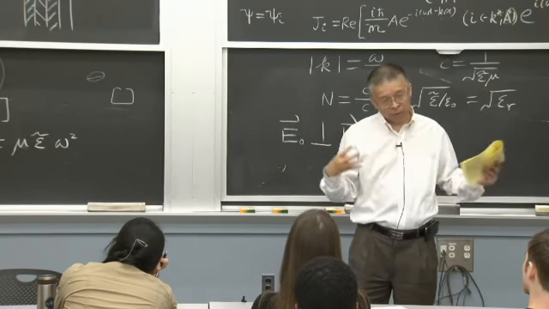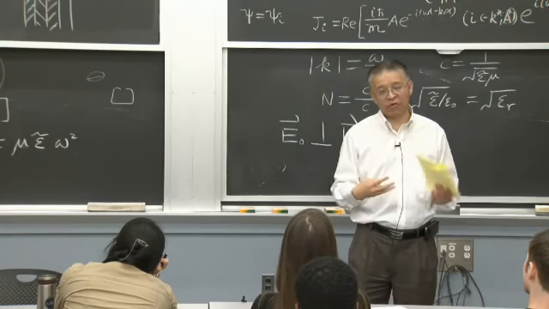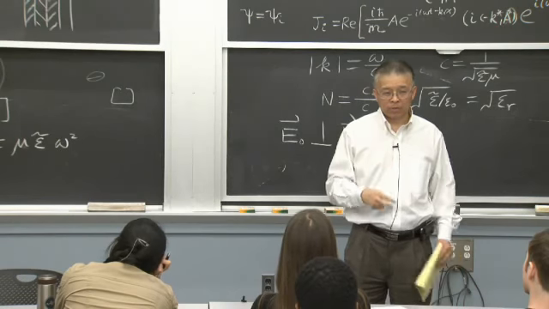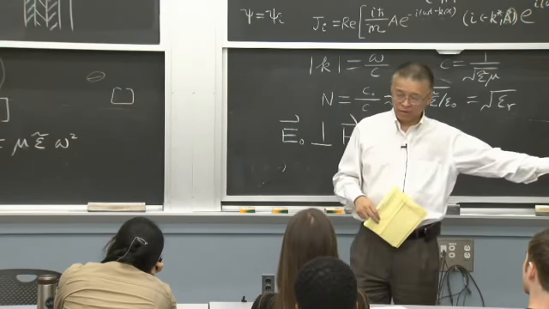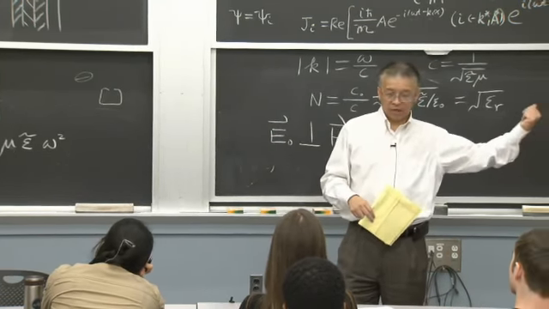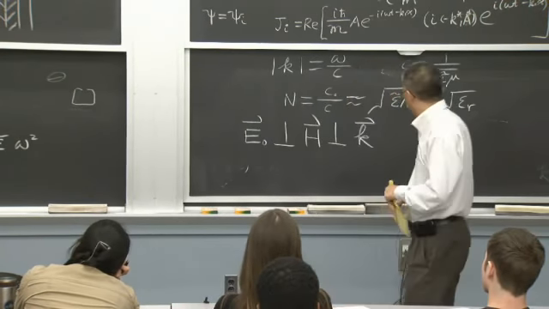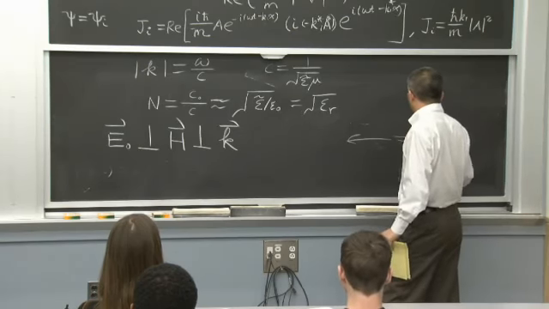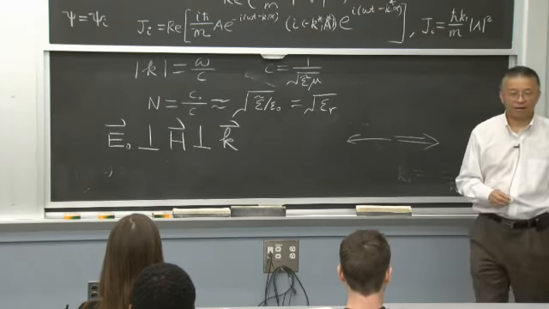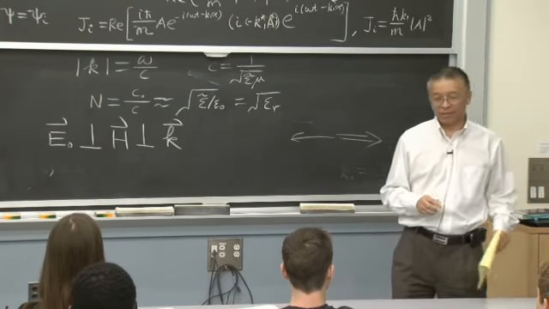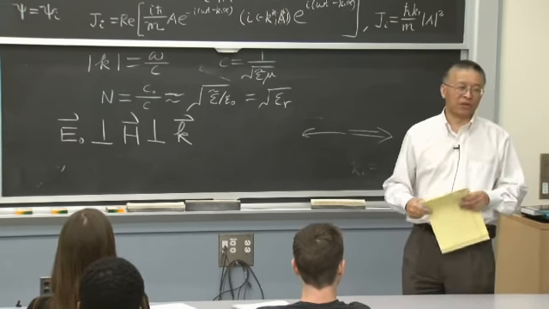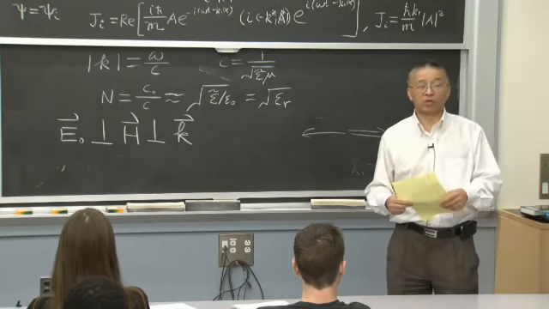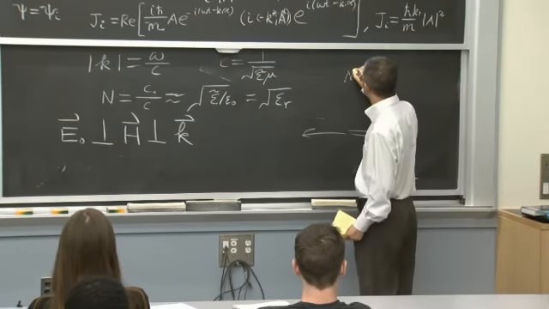And if you bring both epsilon and mu negative in the same frequency range, you have to take that negative root, so it becomes a left-hand material. So E cross H and k go the other way. So k goes this way, but energy goes this way. There was a lot of confusion at the beginning about whether this is possible or not. If you check the literature, this is called metamaterial.